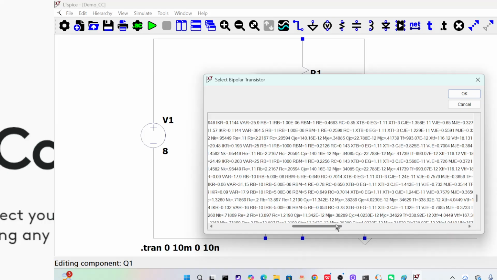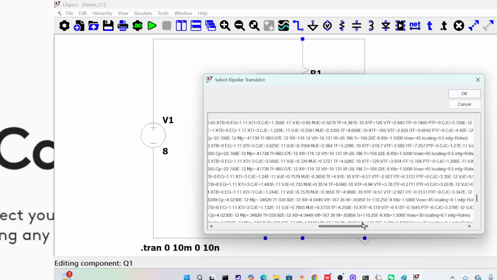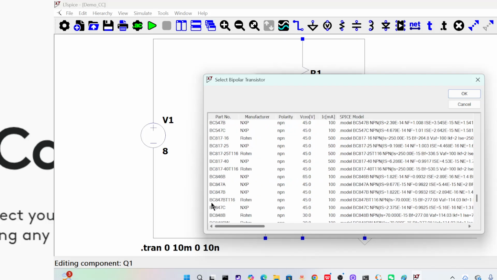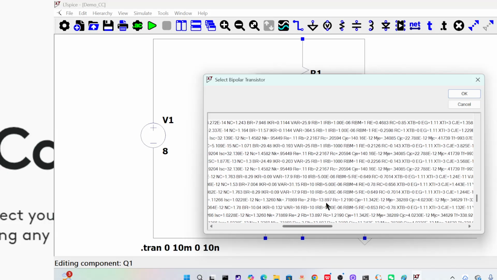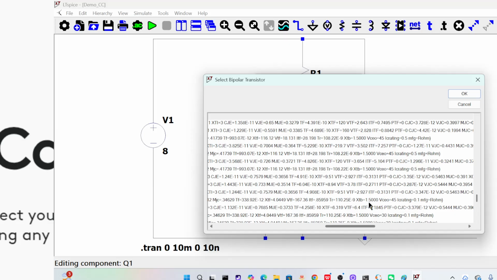Sometimes it depends on some other things as well. Now we have one here, very low. We have 3.7 pico for CJC.